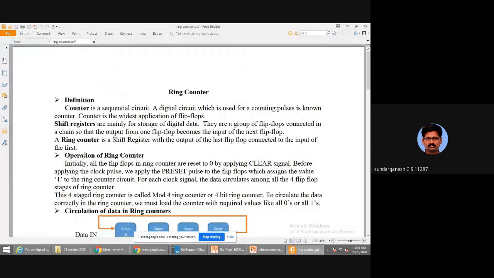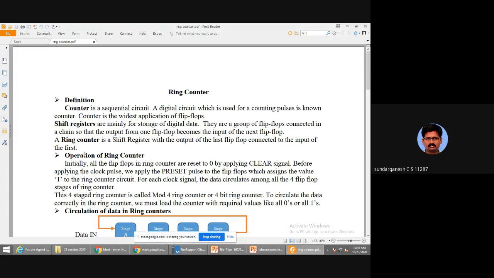So next one is the ring counter. Before going to the ring counter, what is a counter, what is a shift register, and so on. A counter is a sequential circuit. Every counter has many flip-flops. It may be a single flip-flop, or two, three, four flip-flops, and so on.